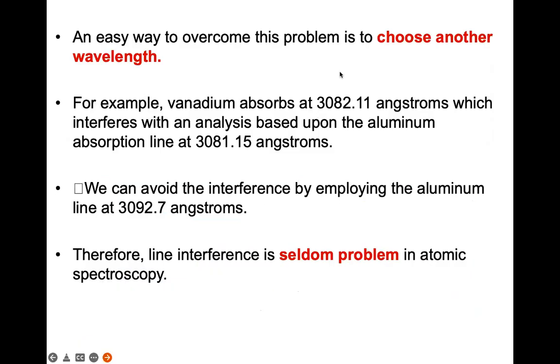To overcome this, you have to choose the right wavelength. For example, if vanadium absorbs at this wavelength, which interferes with aluminium, then you can change to a wavelength that is not overlapping.